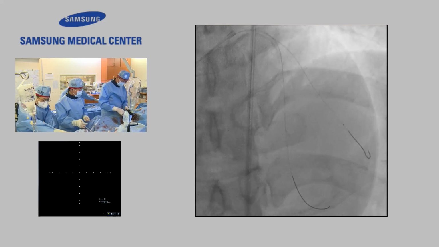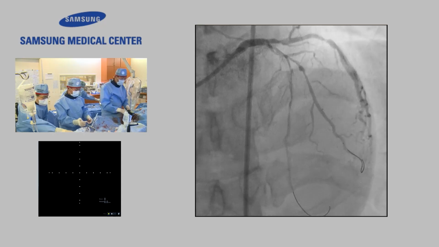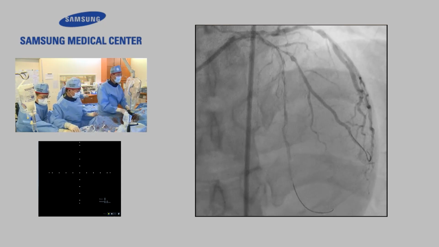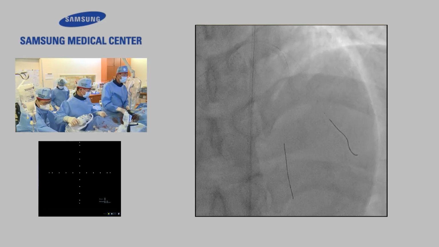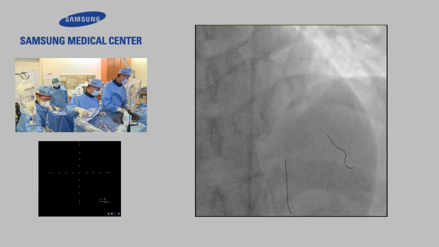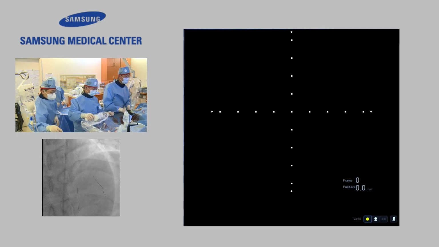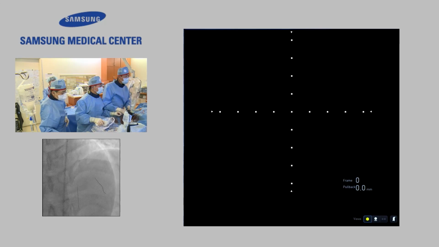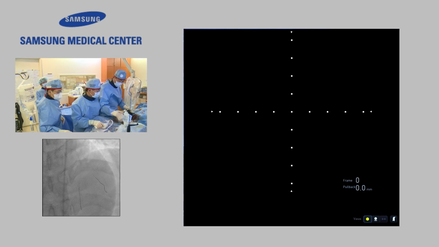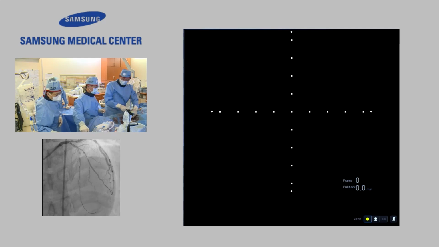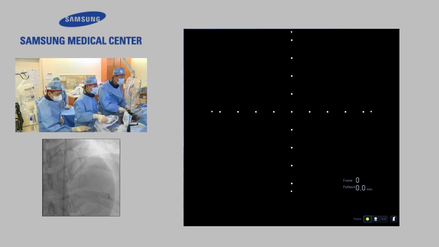Previously I tried the distal one, but I failed a few times. Afterwards I tried proximally, and the wire went in the middle at the end. Very good, second operator.